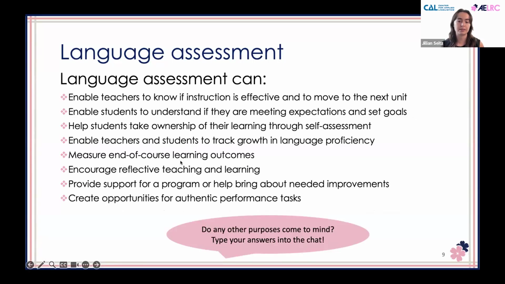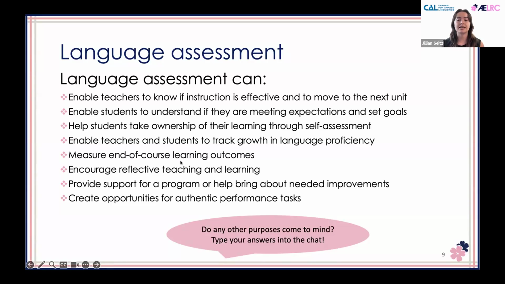Language assessment can also empower students through self-assessment practices and allow individuals to track language proficiency gains. It can measure learning outcomes at the end of a course of study and also really effectively encourage reflective teaching and learning practices.